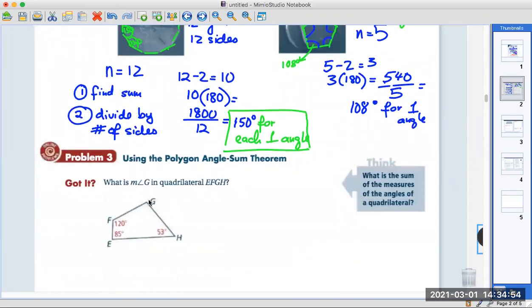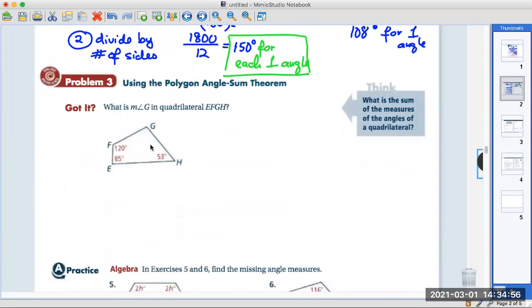Now, this is not regular. Problem 3 is not. You see how all the angles are different? So this is not regular. So when it's not regular, you have to figure out the sum and then look what's missing. We're missing this angle here, right? And that's probably what they're asking.